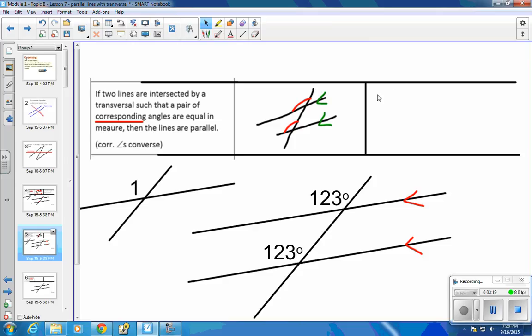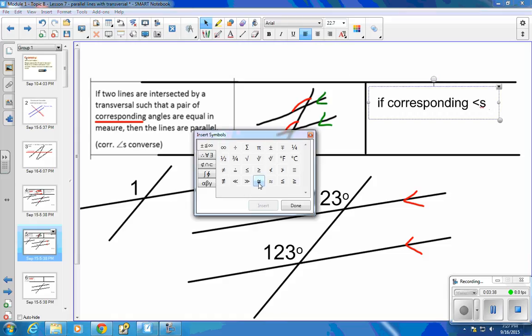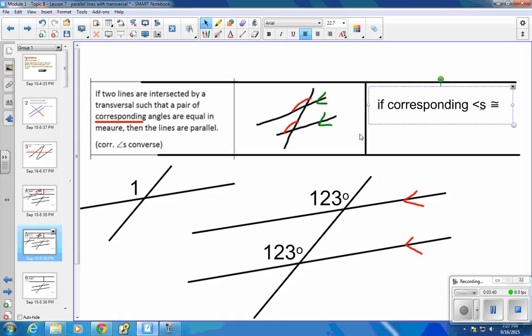So we write: if corresponding angles are congruent, then lines are parallel.